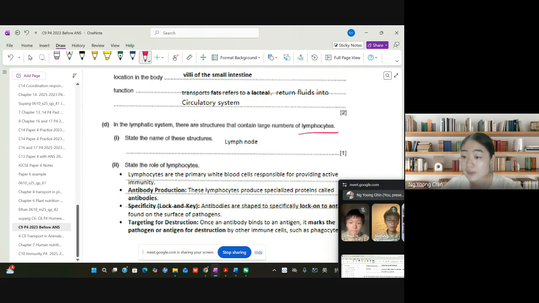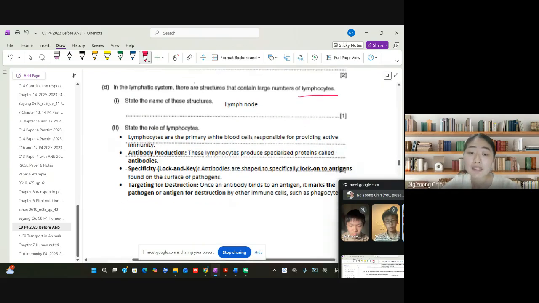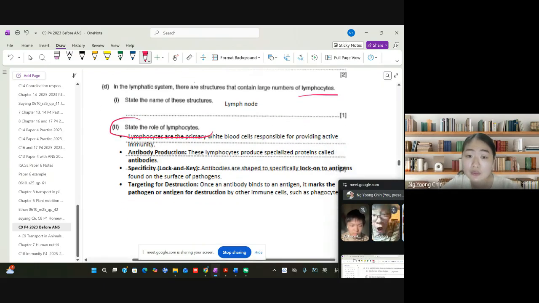Lymphocyte is a white blood cell, okay? It's a kind of white blood cell. So this white blood cell found in the lymphatic system, which is along your lymphatic vessel, your lymph nodes. You know, you have lymph nodes, but this is also not included in your syllabus. But this is included in your syllabus. This one, okay? State the role of the lymphocyte. Yeah. So yeah, are you okay?